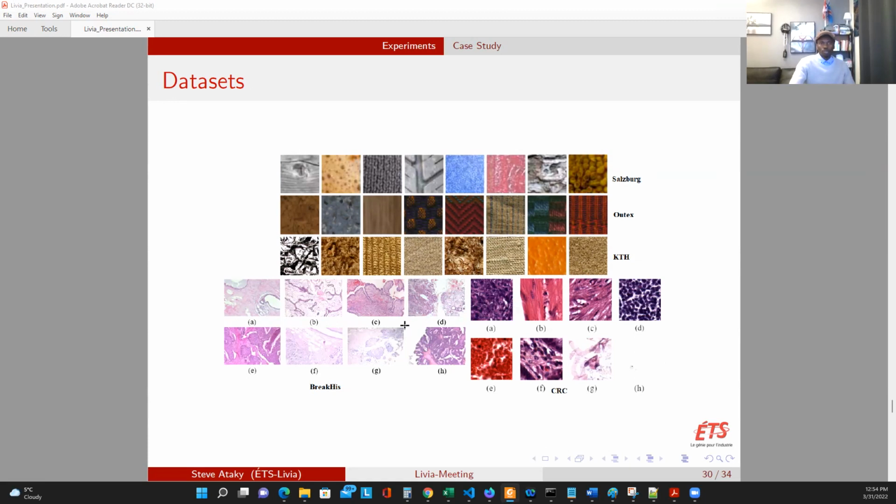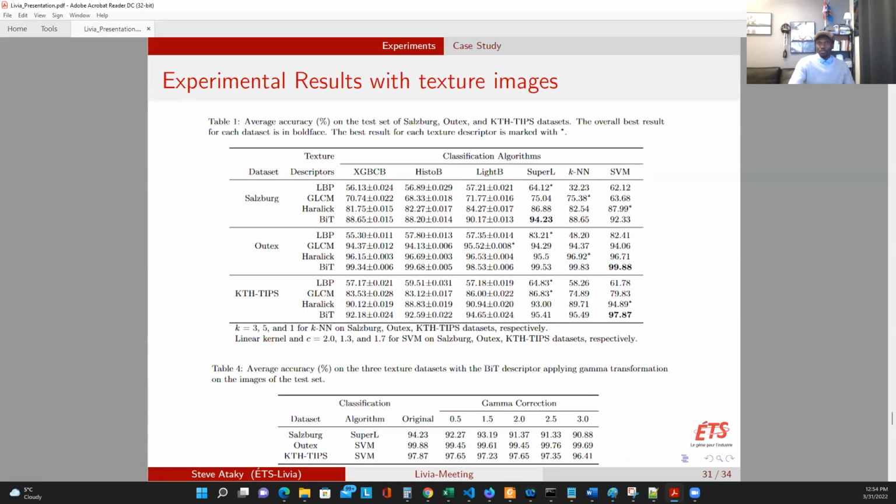Now we are going to show, quickly, because I remember that I do not have 2 hours, so I have to go quick. Here we present the average accuracy of the different approaches and descriptors that we have used.